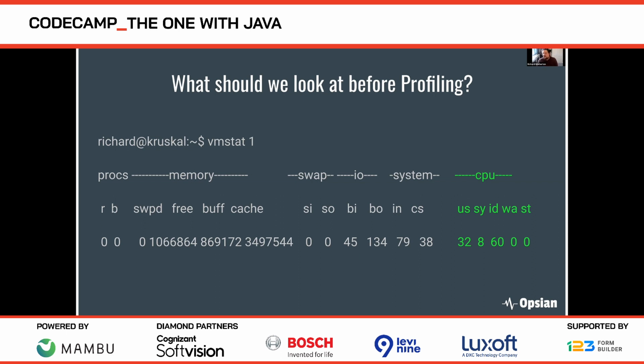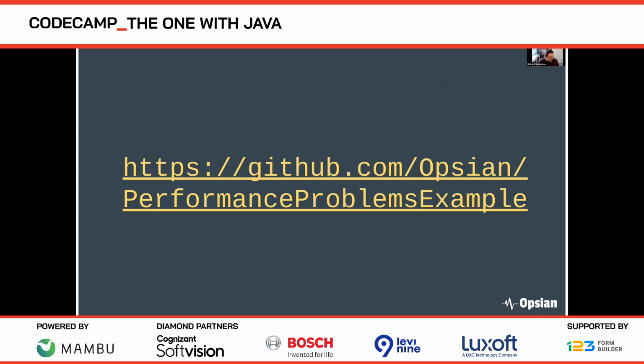Are we spending a lot of time in idle waiting on other systems or on I/O operations? In which case we want to do a bit more wall clock profiling. And I'll give you examples in this talk of both CPU profiling and wall clock profiling.